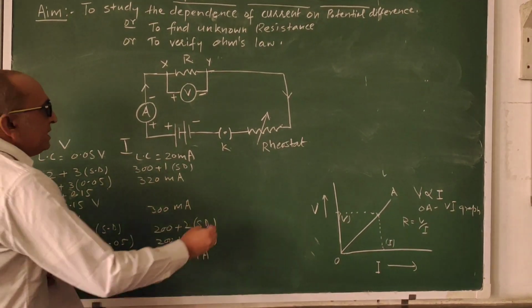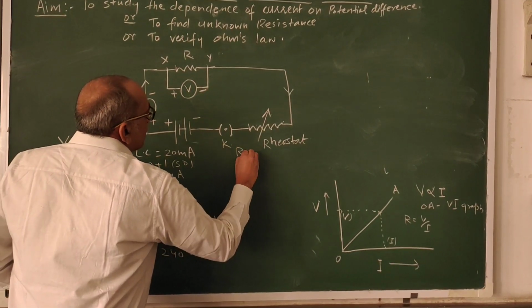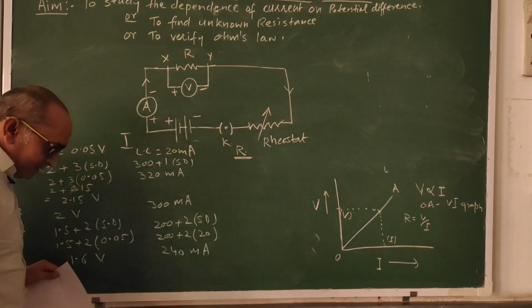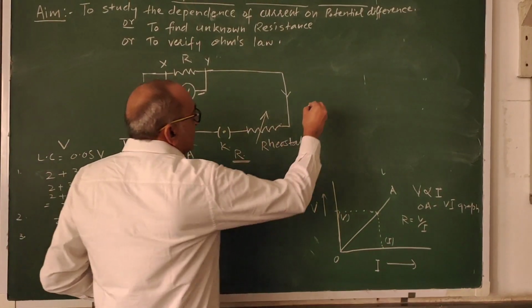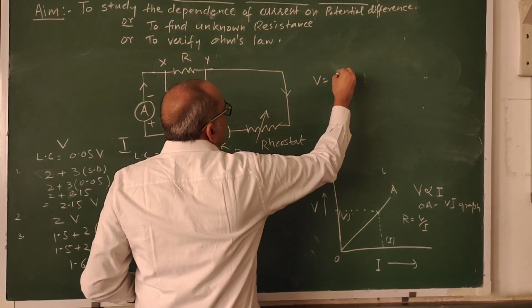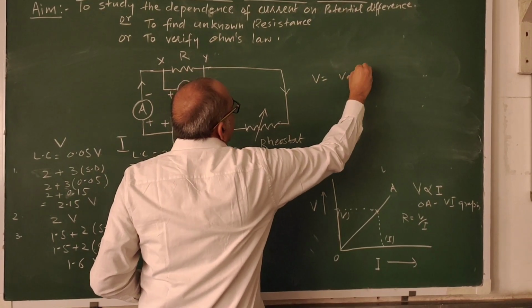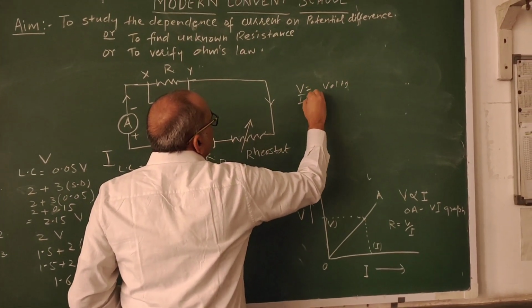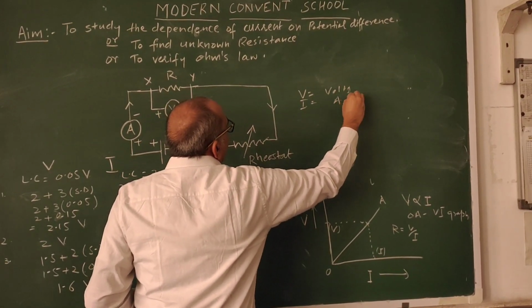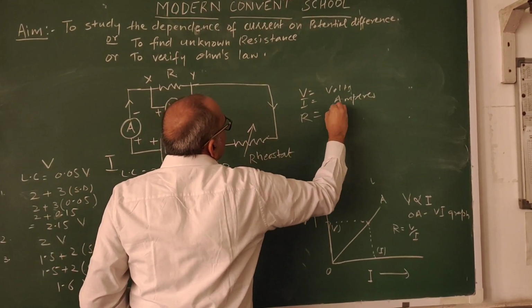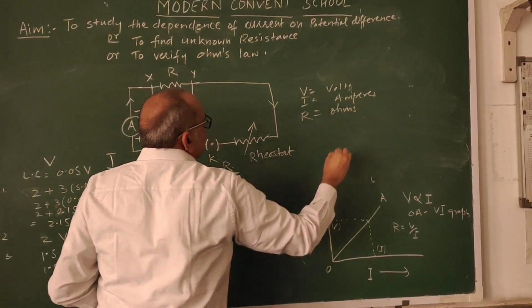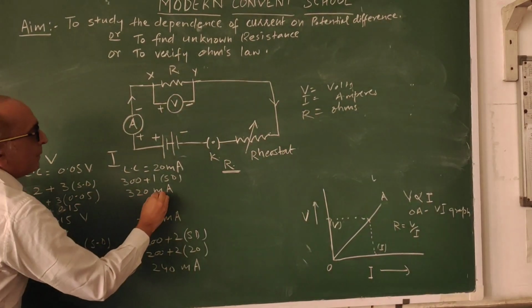Now we are finding resistance. For resistance, V should be in volts and I should be in amperes, then R will be in ohms, but our values are in milliampere.